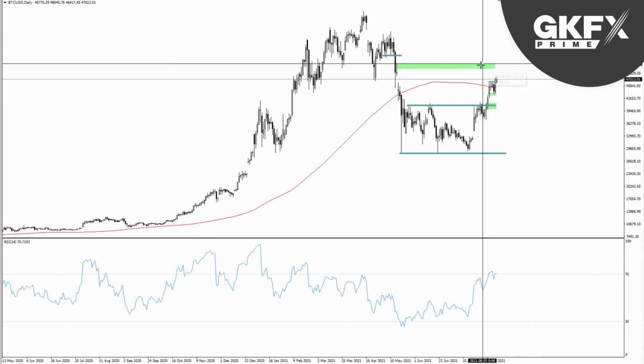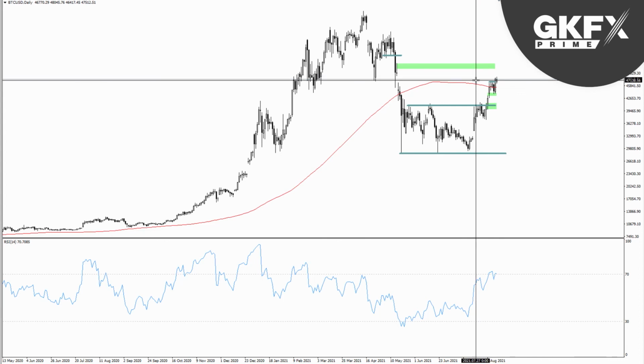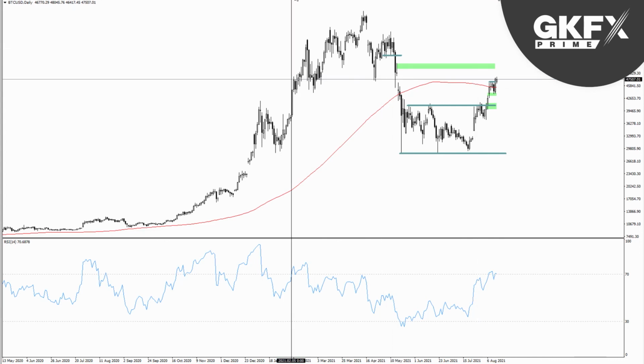And so some interim resistance up here. You could say that if this was a head and shoulders pattern that we broke down from, then we're tagging it again now at about 48,000.